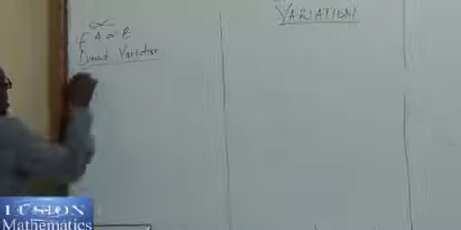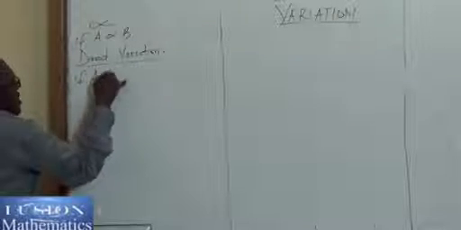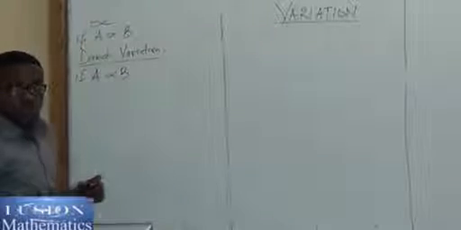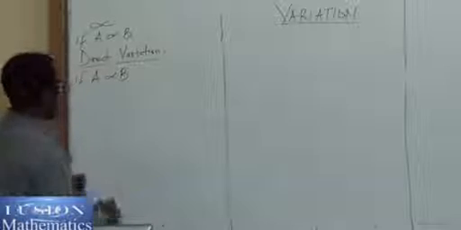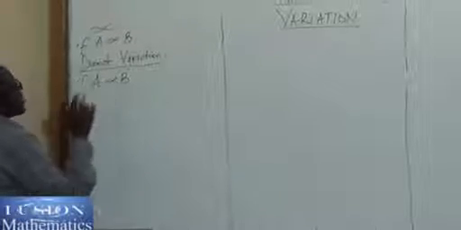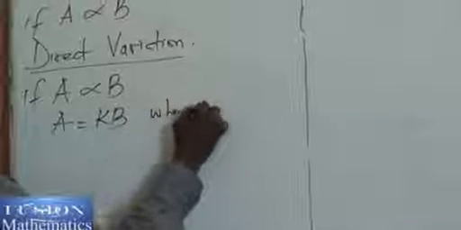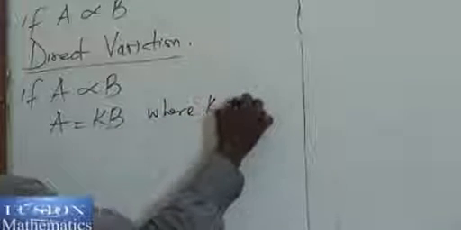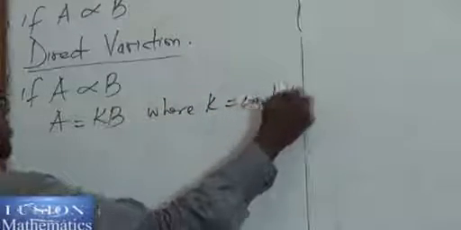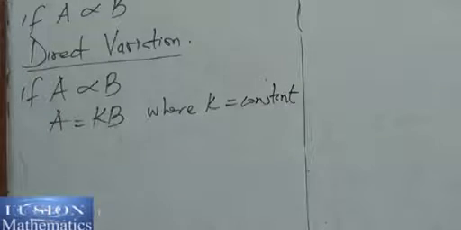So if we say A varies as B, for us to do this, we introduce a constant. So we have A equals KB, where K is a constant. And we solve accordingly.